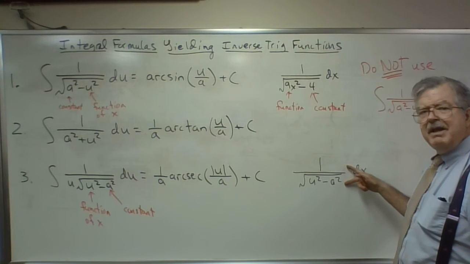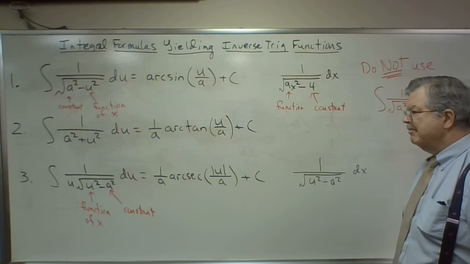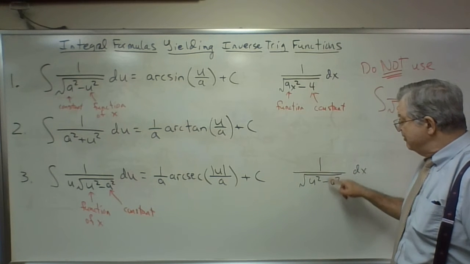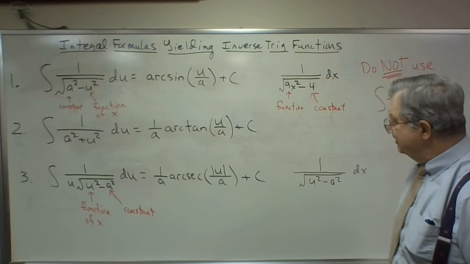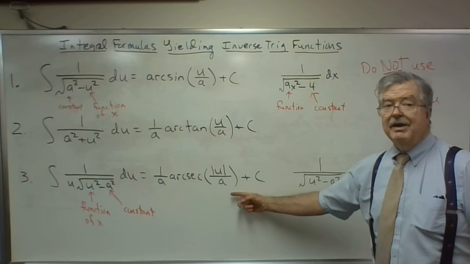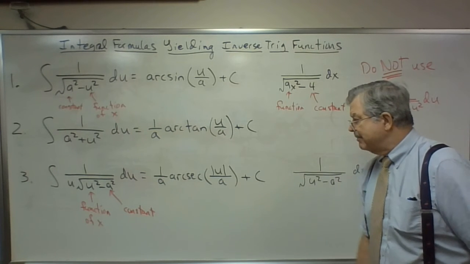If we have something like this and we can use one of these three formulas, the formula that we're going to have to use is the one that gives us arc secant.